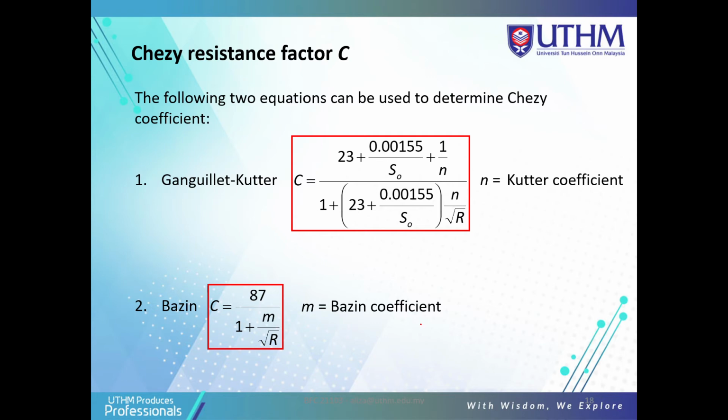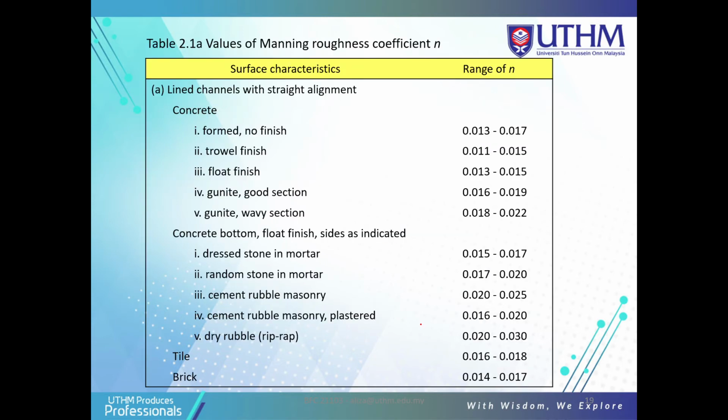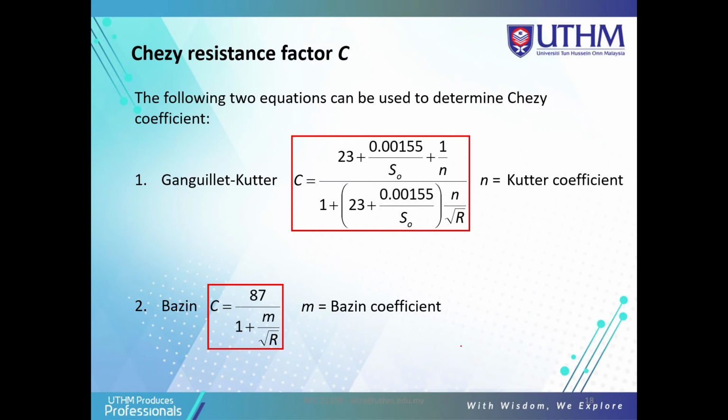In this case, if the Chezy resistance factor C is not given, they give you the formula to find the C using the formula of Ganguillet-Kutter. Using the Ganguillet-Kutter here to find the C, the Chezy coefficient.